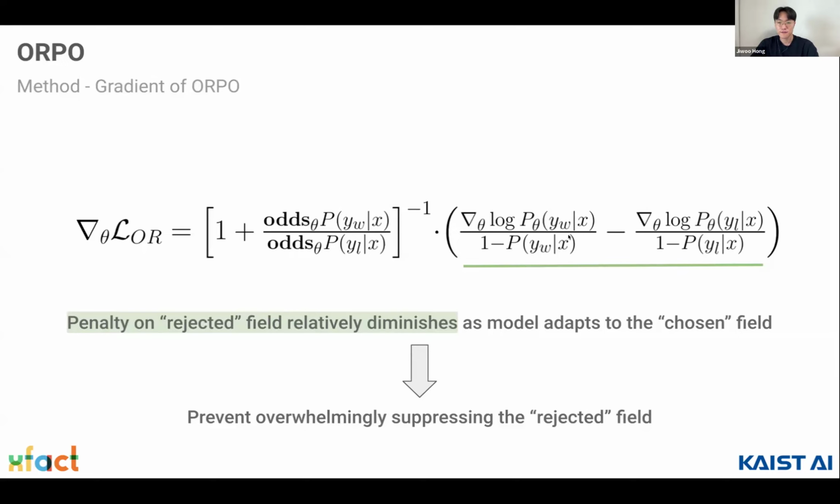However, since we have the dynamic amplifier in the denominator, 1 minus p, as the training proceeds, the chosen responses' log probability will get higher, which means 1 minus p will get smaller, which will amplify the gradient of the chosen responses. That makes the rejected responses' penalty relatively smaller, which prevents overwhelmingly suppressing the rejected side. And this is actually a nice point, which helps the model to be more aligned to the preference data.